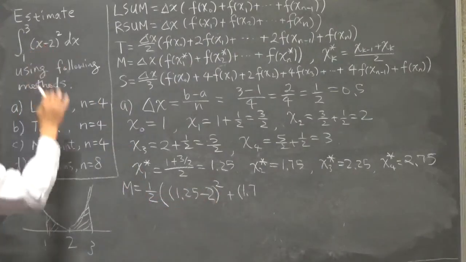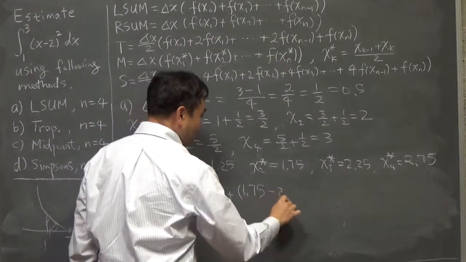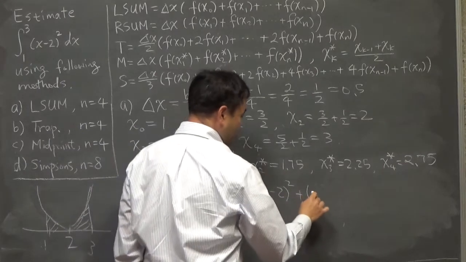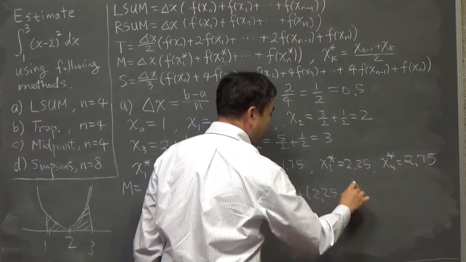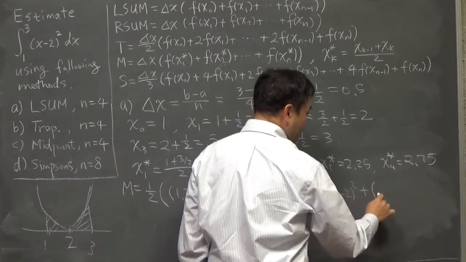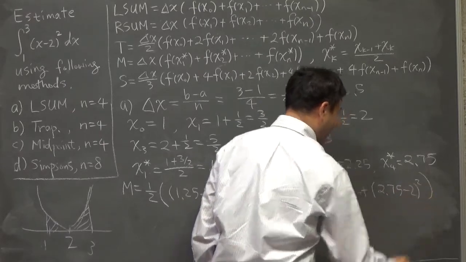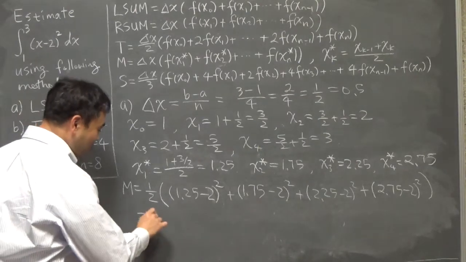I'm just plugging 1.25 there. And you have 1.75 minus 2 squared plus 2.25 minus 2 squared plus 2.75 minus 2 squared. And then somehow now I like to use fractions.